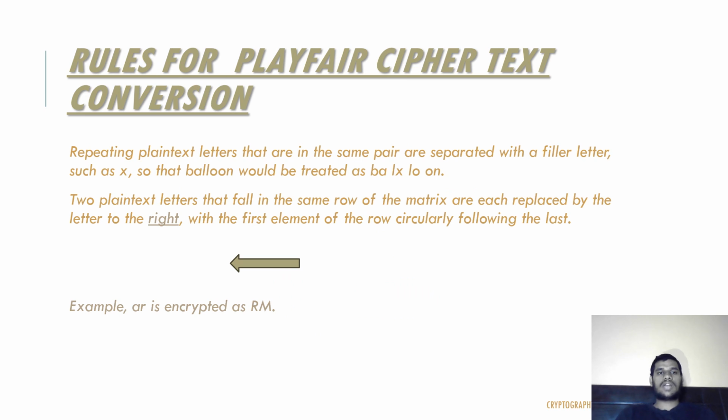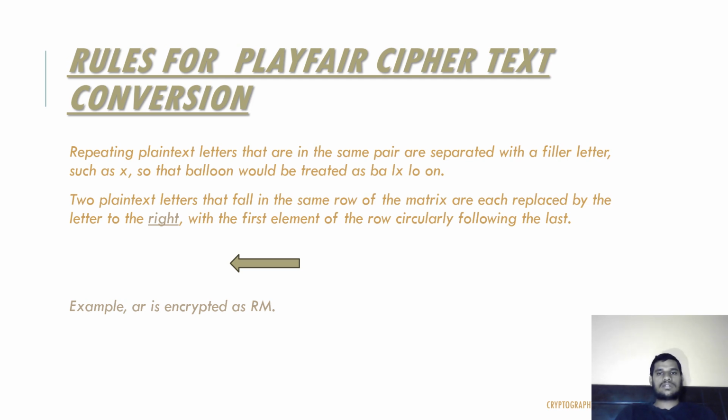And we have rules for Playfair ciphertext conversion. Repeating plain text letters that are in the same pair are separated with a filler letter such as X, so that balloon would be treated as BALXLOON.